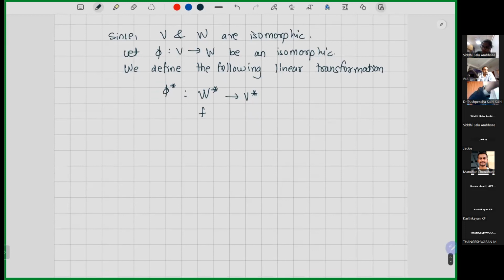W star contains all the maps from W to R. So it is going to send F to F composed with phi. F is from W to R, and now we are composing with something from V to W. So this composition is a map from V to R.